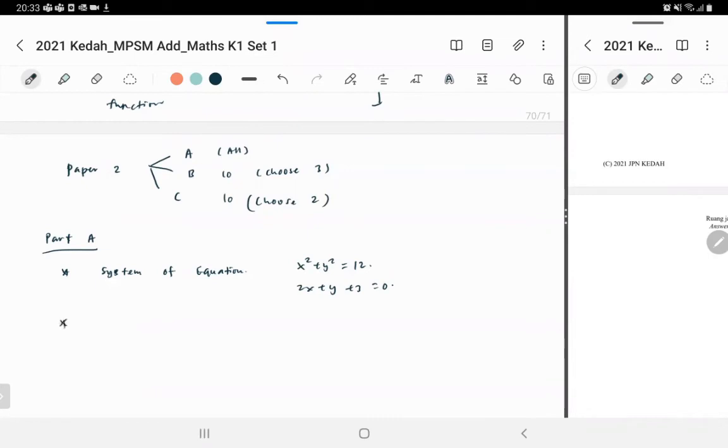And then another one, quite popular one, is the trigonometry questions. If you still remember the trigonometry question, you got like 3 parts. The first part is like proving, and then second part is like drawing the graph, and then the third part is like find the number of solution.